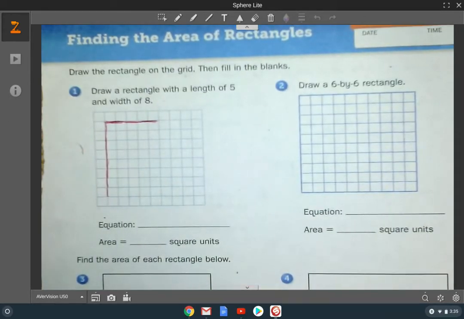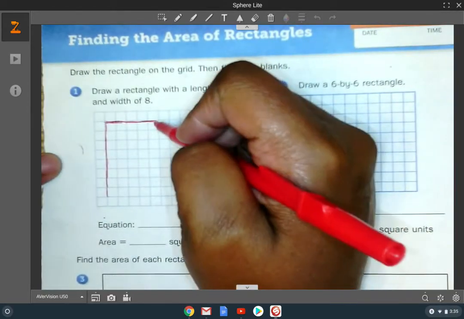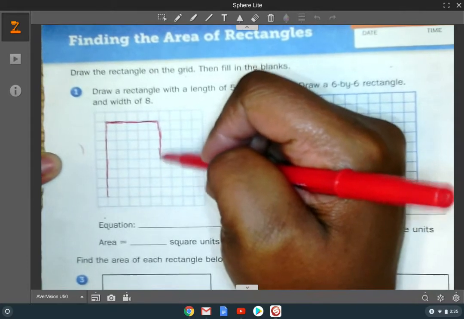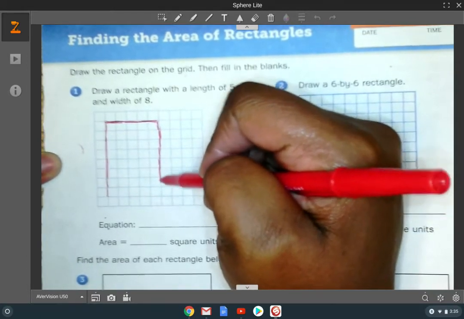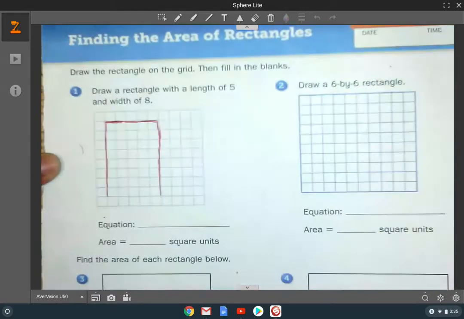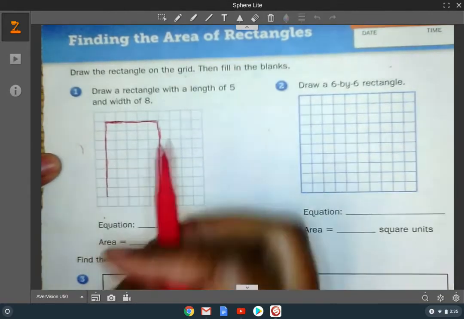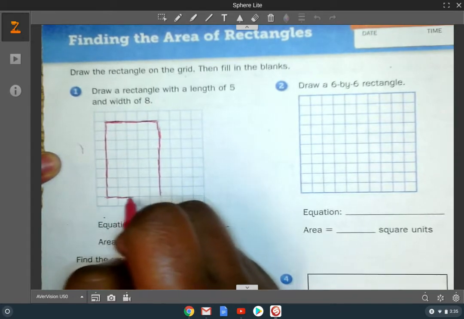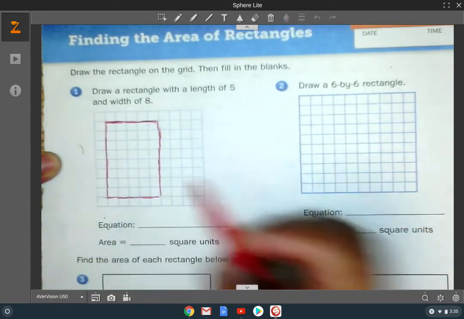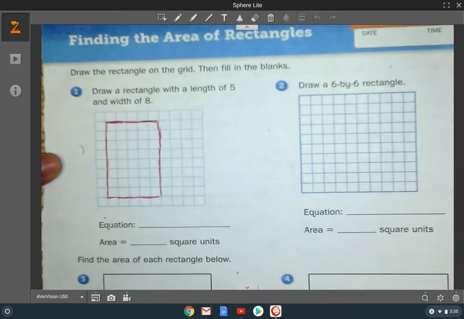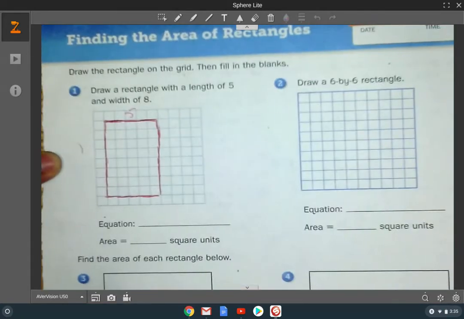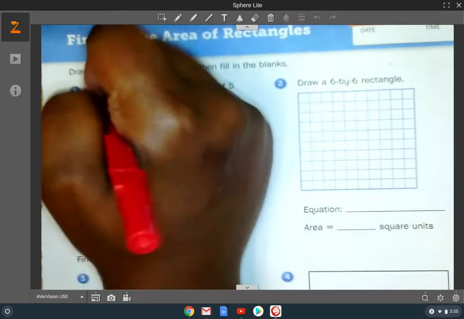To connect those together, we're still going to go down on the right, 1, 2, 3, 4, 5, 6, 7, 8, because we know in a rectangle, our length and width is the same on both sides. So this length is also 5 at the bottom, 1, 2, 3, 4, 5. Draw a rectangle with a length of 5, we did that, and a width of 8.